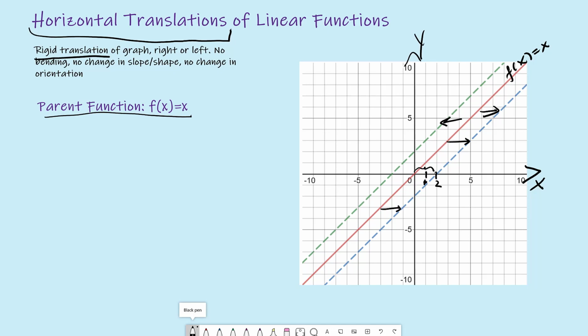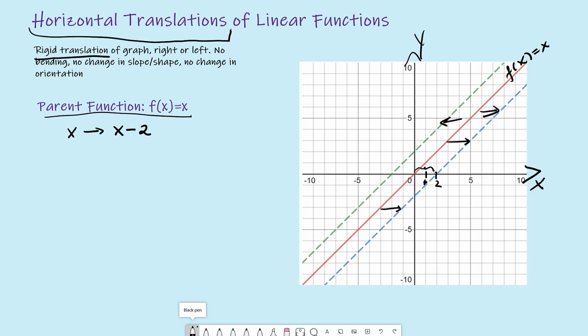So how do we do that? What we do is we go from x to x minus 2. Why minus 2? Because we're actually trying to make our x look like the x was 2 units before. That's what happens when we're moving horizontally to the right.